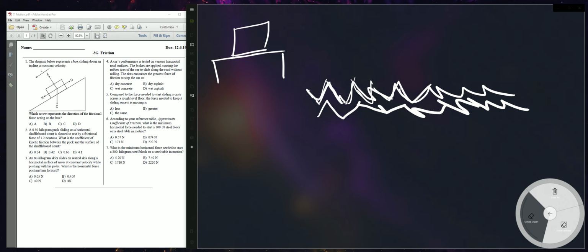What causes friction is when these surfaces move against each other, they rub against these jagged edges and it causes resistance to motion.